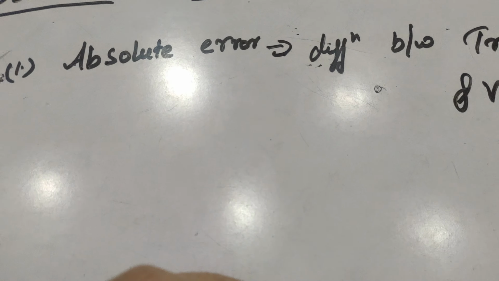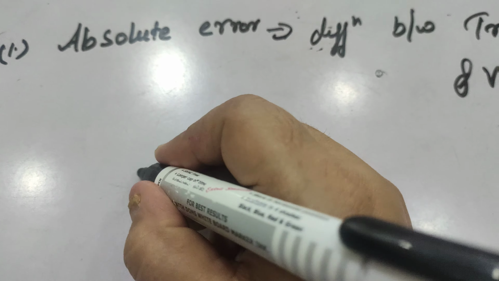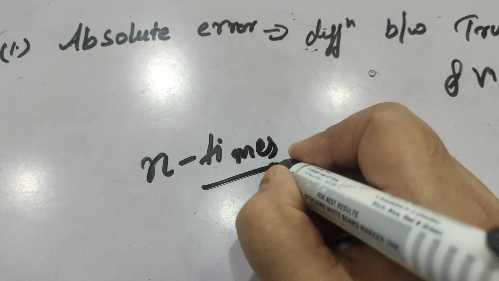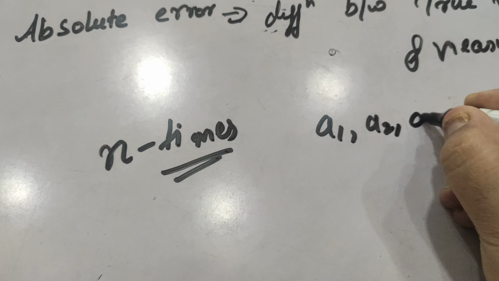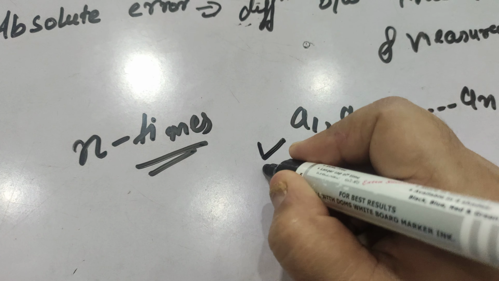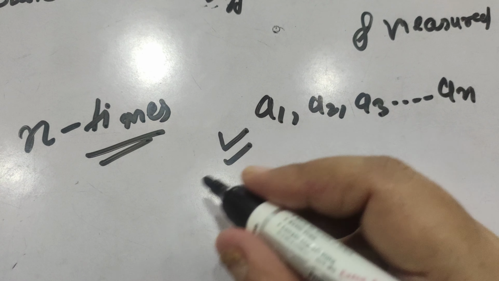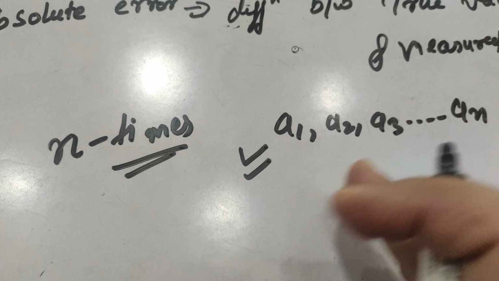Let us calculate this. Let us consider a physical quantity is measured n times, and let a1, a2, a3, and so on up to an represent its measured values. Then, as I have told earlier, errors can be reduced by taking the mean.